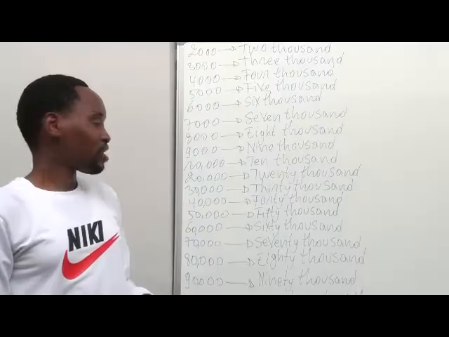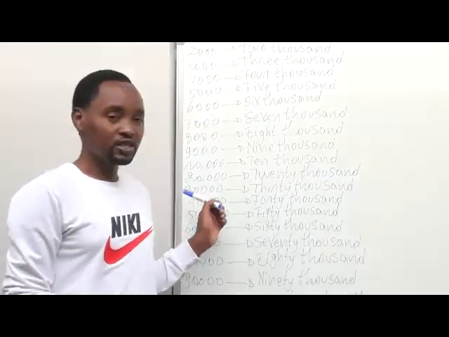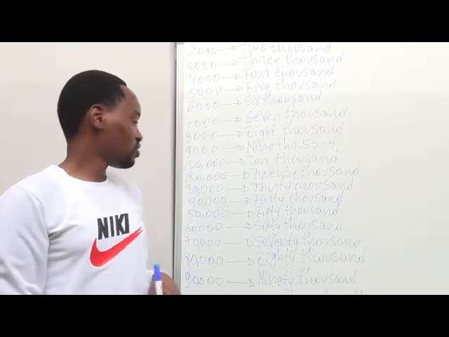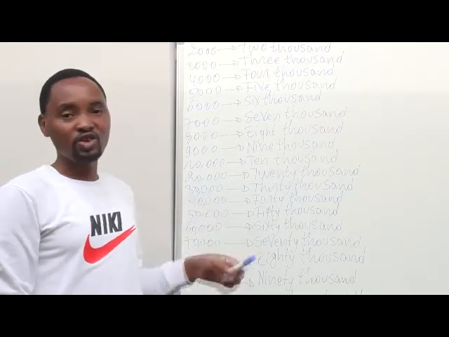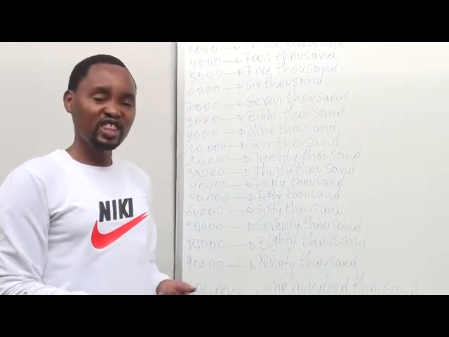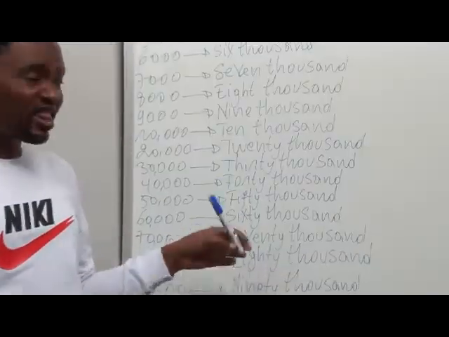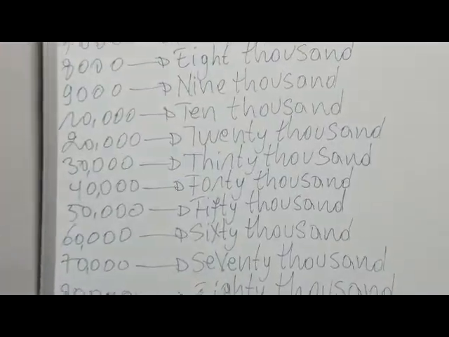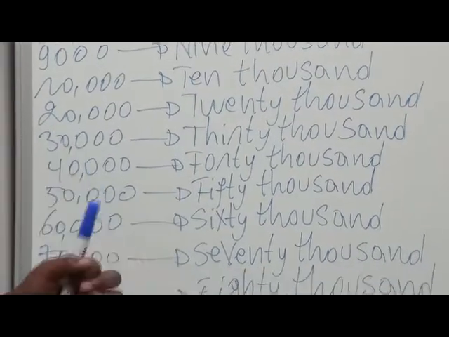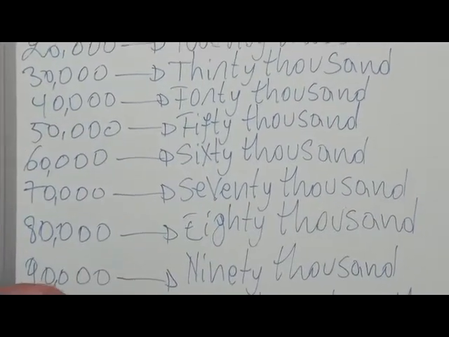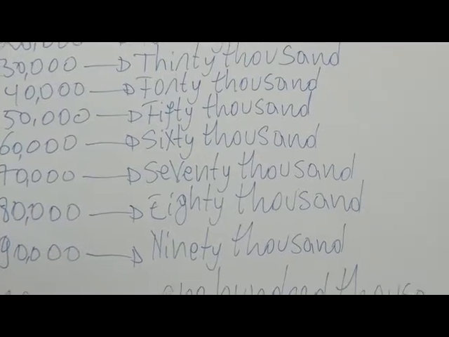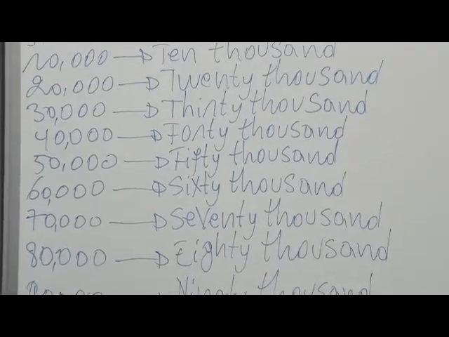Here we have 30 and 3 zeros. We will say 30, and those 3 zeros we say 1,000. So here it's 30,000. So 30 multiplied by 1,000 is 30,000.